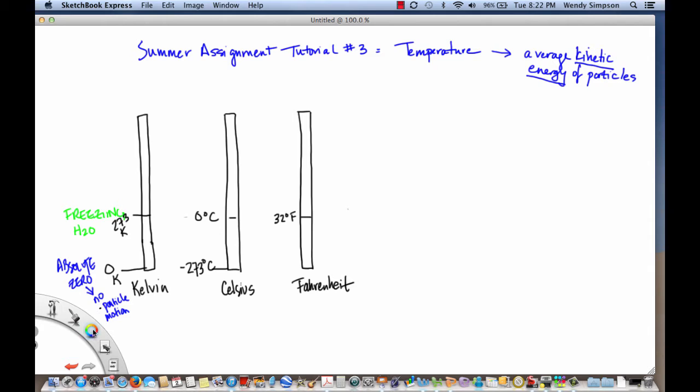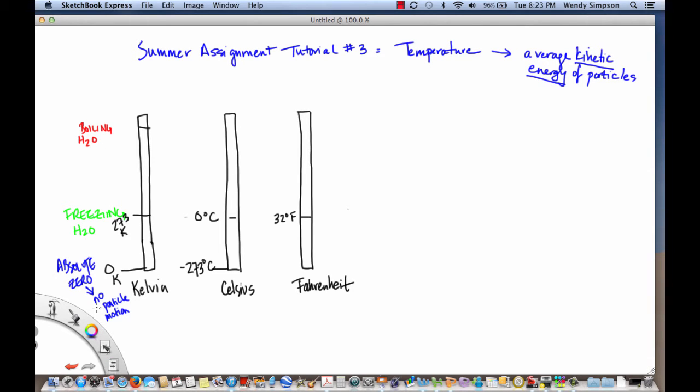And we'll go and look at another common benchmark, and that is the boiling point of water. So use a black line here, but I'll use a red label. So when we have boiling water, so water now is being transformed from a liquid to a gas.